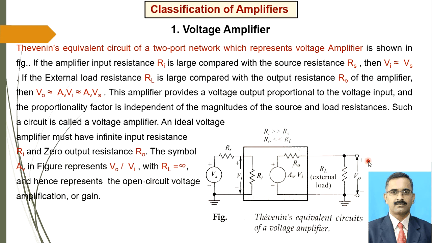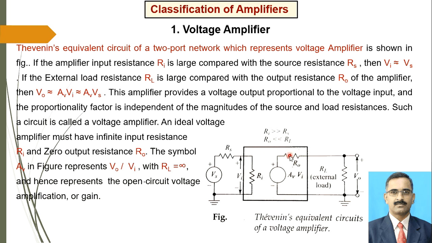Now, an ideal voltage amplifier must have infinite input resistance, which is called Ri, and zero output resistance, R naught. That means Ri should be infinite and R naught should be 0.